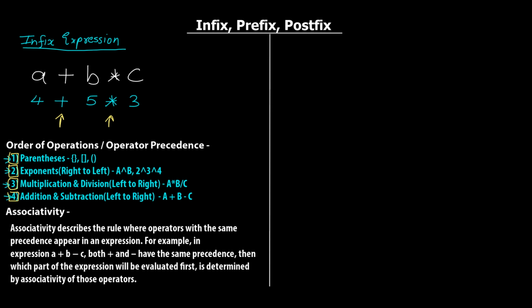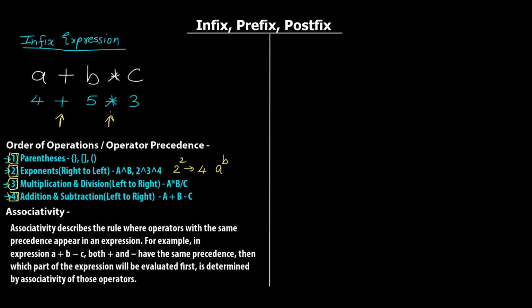What this precedence means is, if there are multiple operators from these different categories, the parentheses will be evaluated first, then the exponents. Exponents means something raised to the power of something, so 2 raised to 2, which would be 4, or a raised to b. After that, multiplication and division will be evaluated, and after that, addition and subtraction.